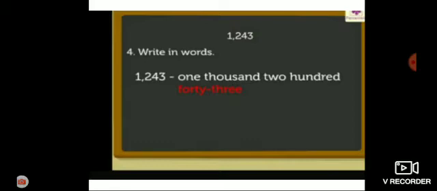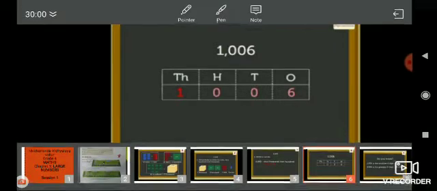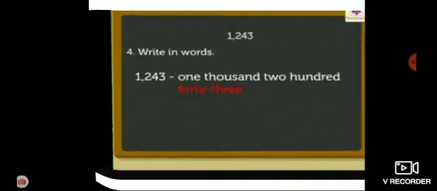See, 3 is in the ones place, 4 tens, 2 hundreds, 1 thousand. Then it is represented in the place value chart: ones place, tens place, hundreds place, thousands place.